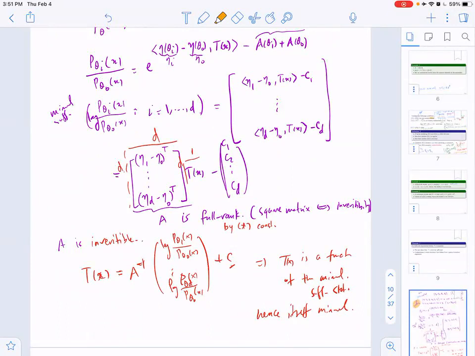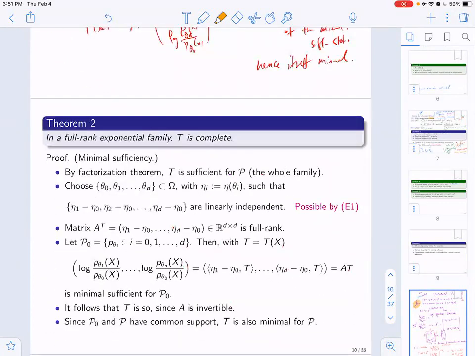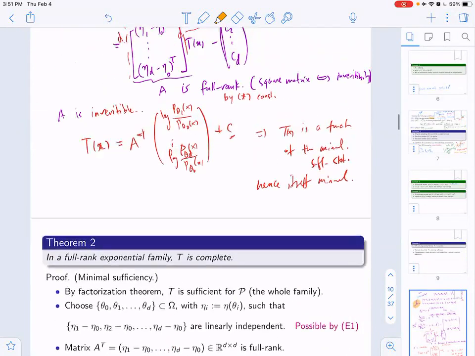Okay. So pretty interesting, simple conclusion. So this shows that T of x is minimal sufficient for the subfamily, and because it's also sufficient for the full family, where P_0 is just the set of this discrete submodel of the original model, T is minimal sufficient for this and sufficient for the whole family. So T is minimal for P.